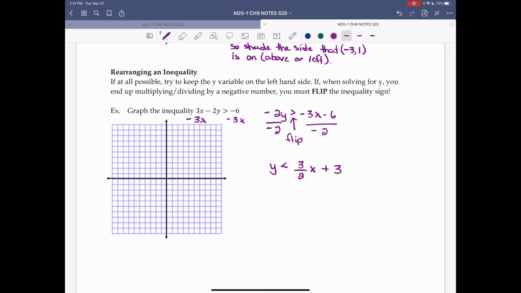Our linear graph that we're drawing, we don't have an equal sign with our inequality, so this is going to be a dotted line. Our slope is 3 over 2, rise of 3, run of 2, and our y-intercept is 3.